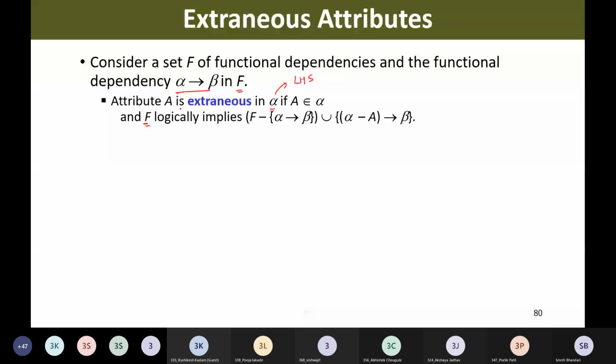So attribute A is extraneous in the left hand side of the functional dependency if A belongs to the left hand side of the dependency, that is A belongs to alpha, and F logically implies the new set F minus alpha to beta union alpha minus A to beta.